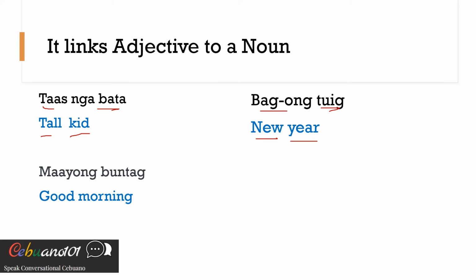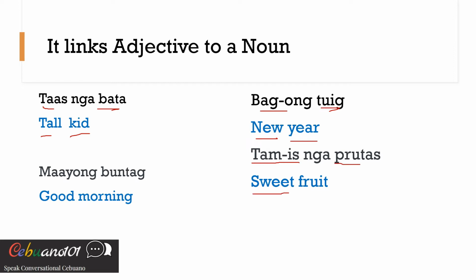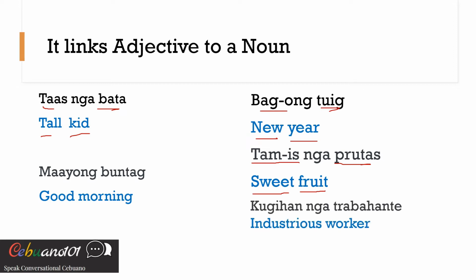Last example. Tamis nga prutas. Sweet fruit. Tamis means sweet. Prutas is fruit. Okay, another example we have kugihan nga trabahante. When you say kugihan, it means industrious.